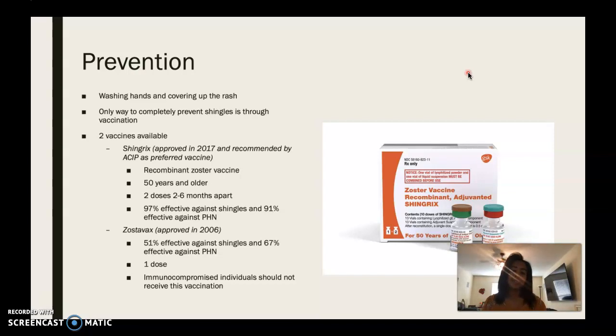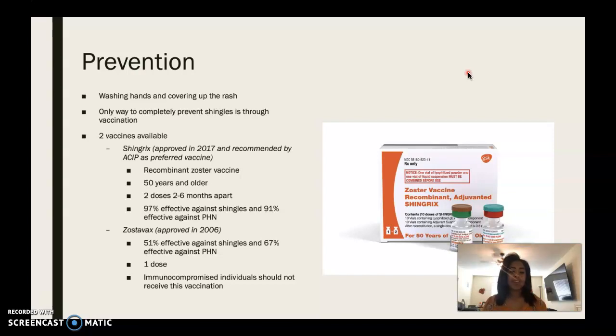Those that have taken Zostavax already can still get the Shingrix vaccine later on, but they would have to wait a few weeks in order to get it. And there's no timeline for when it's too late to get it, but you should get it when you hit 50 years old.